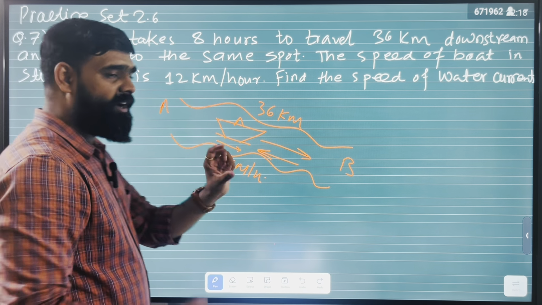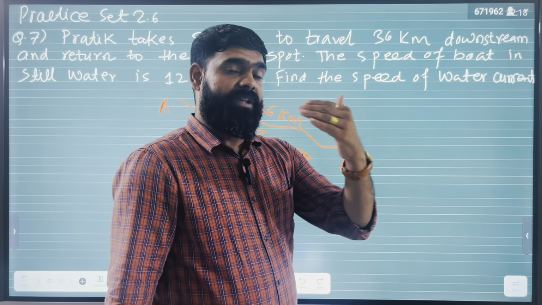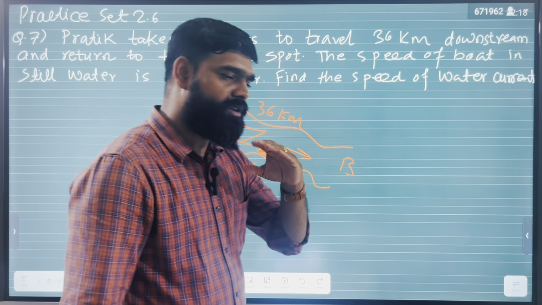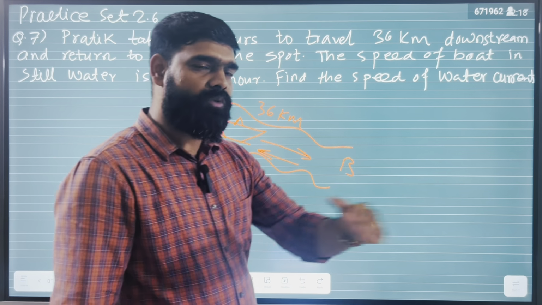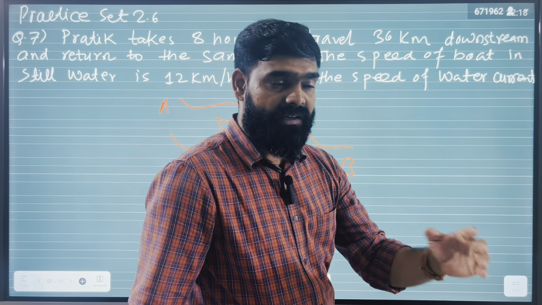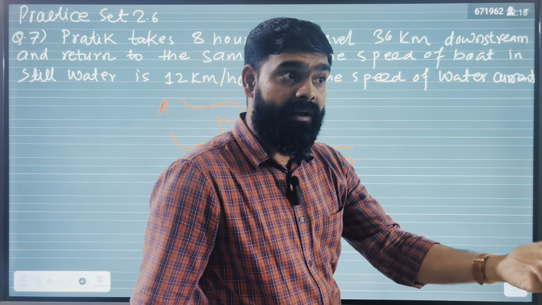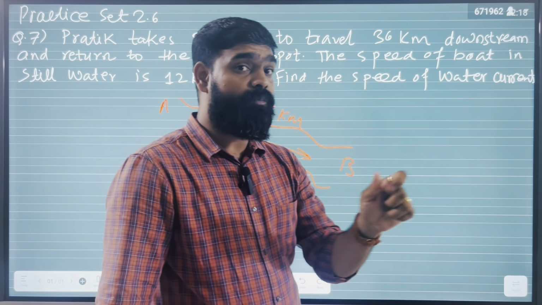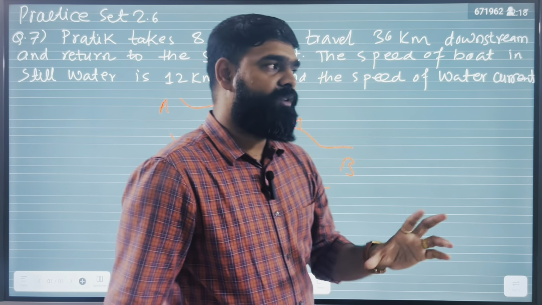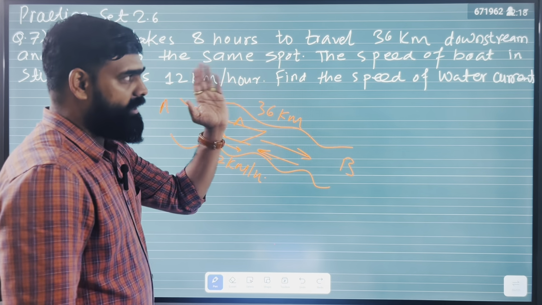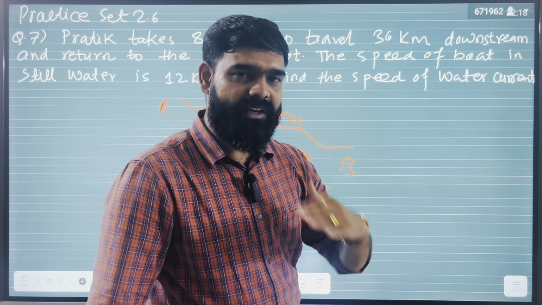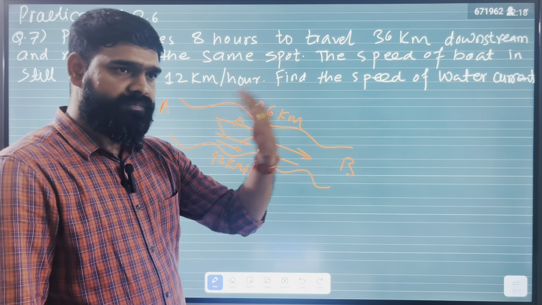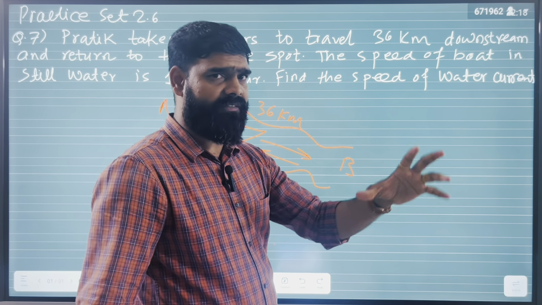So the speed of the boat becomes more in one case and less in the other, because if he is traveling with the river, the speed of the boat is more, and if he is traveling opposite to the river, the speed of the boat reduces. Okay, so this is the condition. Downstream means he is going with the river, and upstream means he is going opposite to the river.